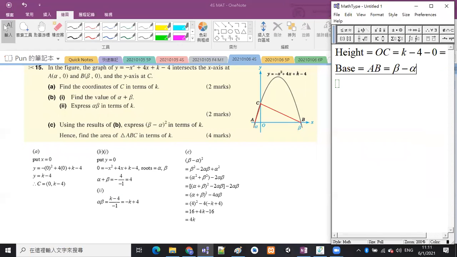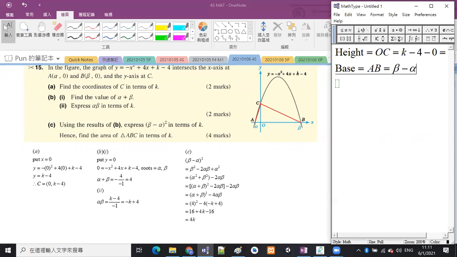Then how about AB? AB should be equal to beta minus alpha. Can you see this? It's the x coordinate of the right point minus the x coordinate of the left point, so it's beta minus alpha. But do we have beta minus alpha? No. But we have already found (beta minus alpha) squared, which is equal to 4k.